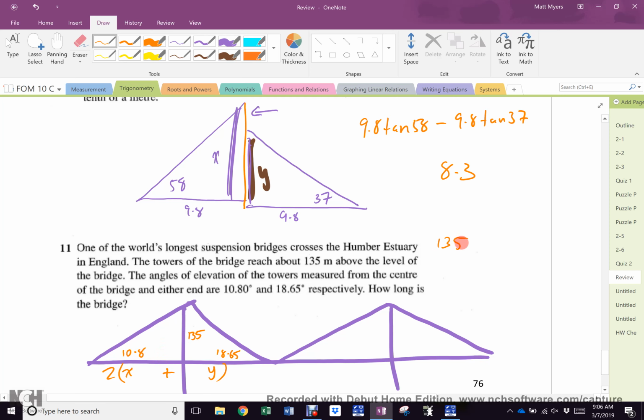That is 135 divided by tan 10.8 plus 135 divided by tan 18.65, and all that multiplied by 2. And the answer is 2,215.4. Or 36, or 37.